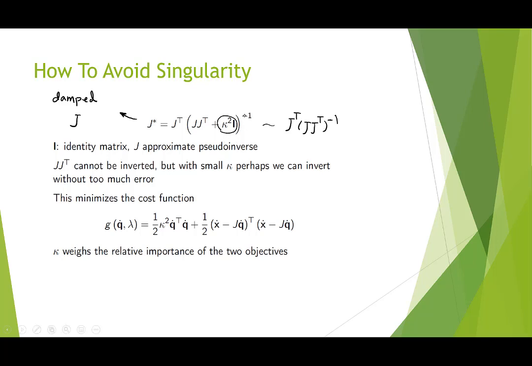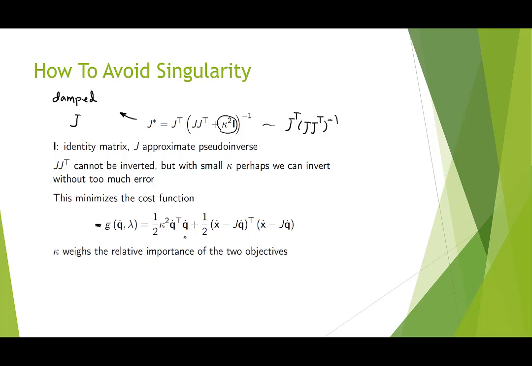What does this term do and where does it come from? It comes from another optimization method used to get the inverse kinematics. If we use this cost function as our cost function when we want to find the inverse kinematics, we derive this damped J, or sometimes called damped least square inverse.